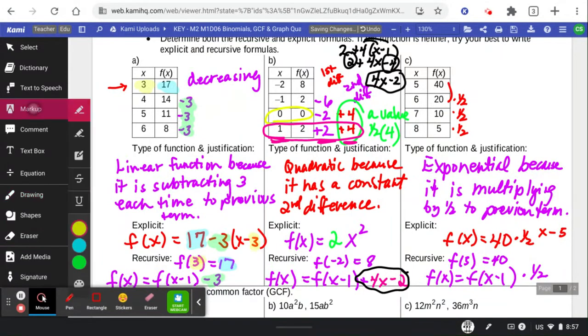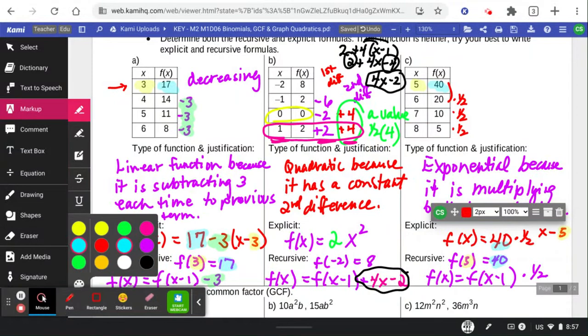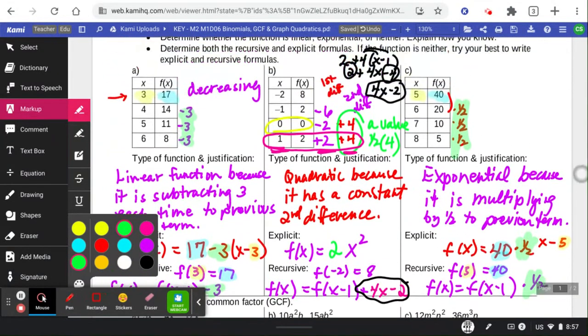So where do these numbers come from? Remember that this 5 shows up right there in the explicit. Notice that this 40 shows up right here in the explicit. And then this 1/2 shows up right there in the explicit. How'd you do?